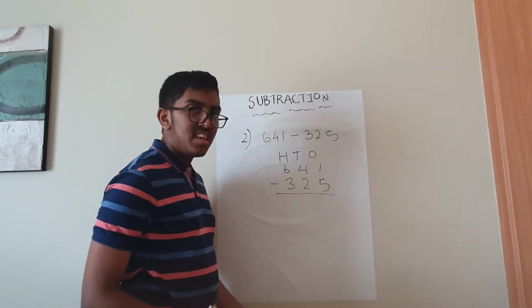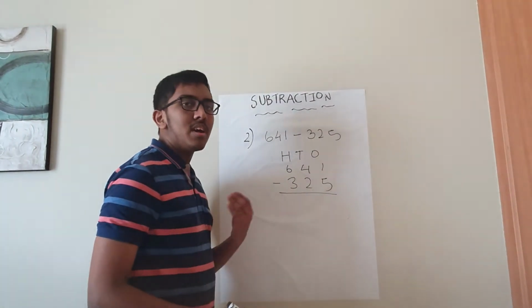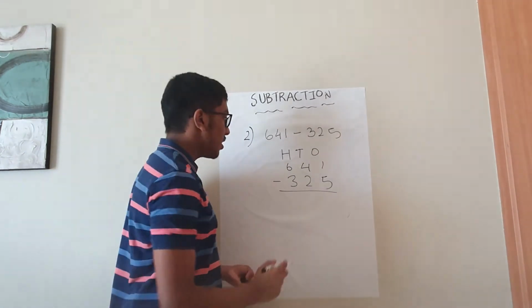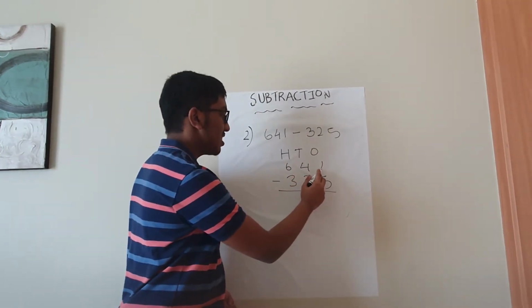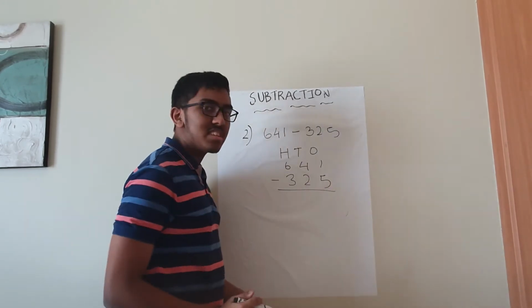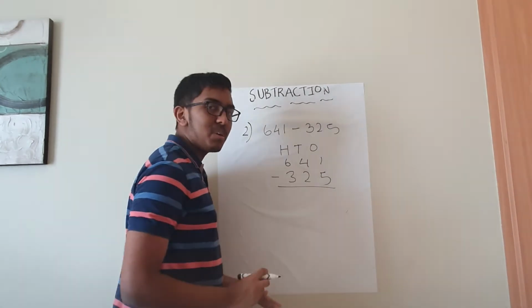Now, as you can see, 1 is less than 5, right? So you need to apply the concept of carrying over. In order to carry over, you subtract 1 from the digit that is on the left of the digit that requires carrying over. So in this case, 1 needs to be carried over.